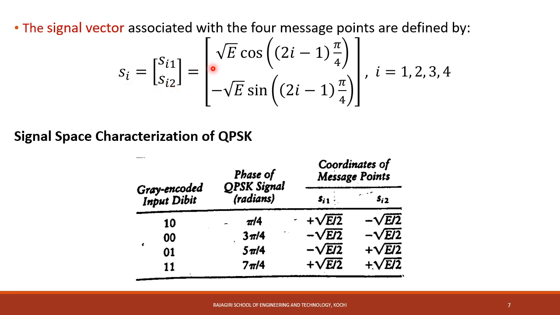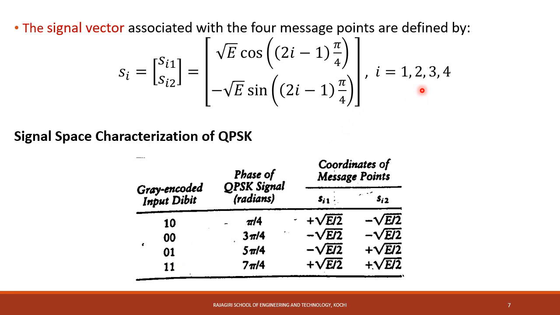From the previous slide, we can see that Si1 is equal to root E cos of (2i minus 1) pi by 4 and Si2 is equal to minus root E sin of (2i minus 1) times pi by 4, where i takes values 1, 2, 3, 4 corresponding to the four symbols that can be transmitted. This shows the four symbols that can be transmitted using QPSK: 10, 00, 01 and 11.